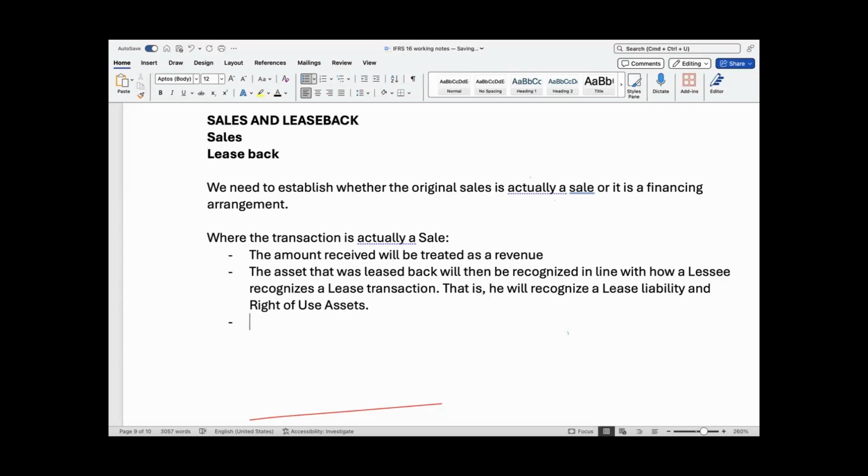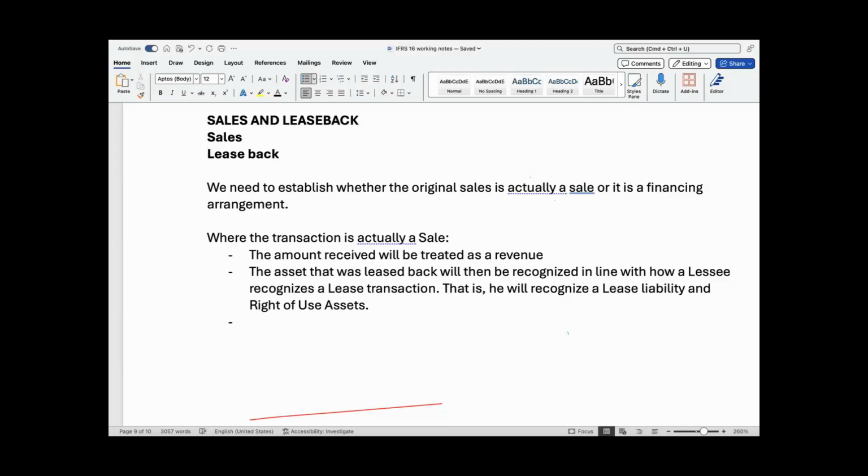However, since we are saying it is a sale, there are some further checks we need to do. If it qualifies as a sale, there are some further checks.